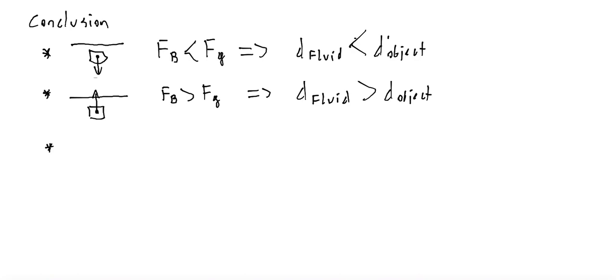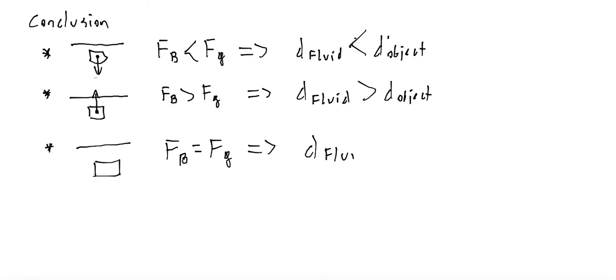Okay, third situation, the object stays in the fluid when buoyant force is the same as gravitational force, so when densities are the same, density of the fluid is exactly the same as density of the object.